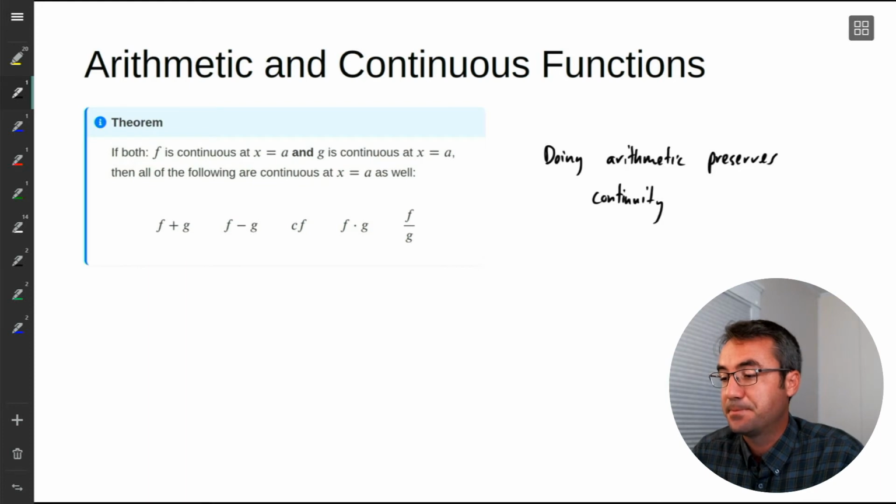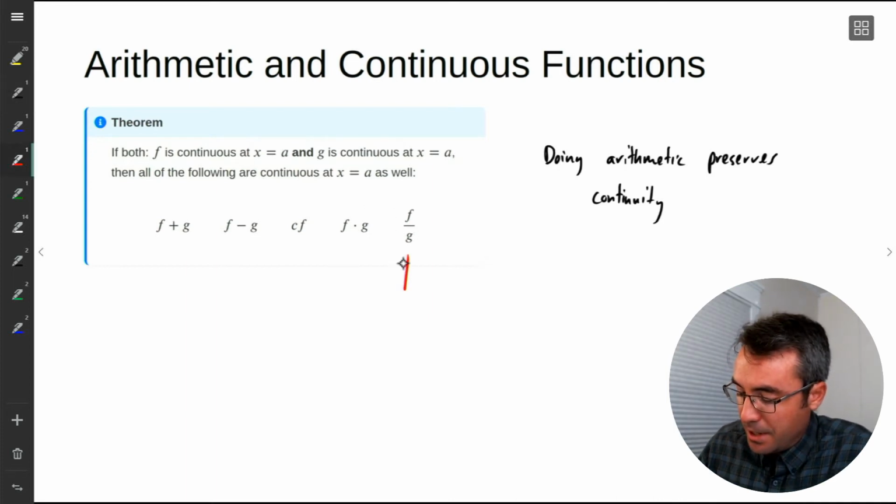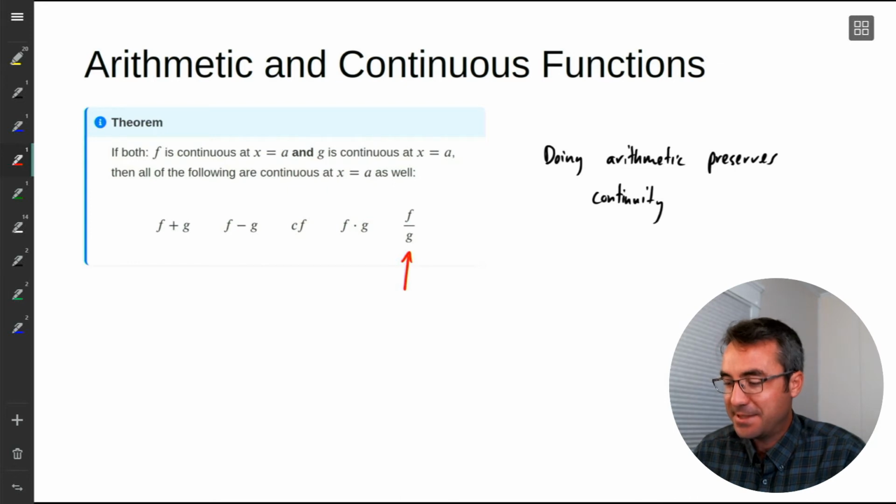So nice. Now, of course, there's one little condition here. Addition, there's no issue. We can add two functions all day. Subtraction, same thing. Constant multiplication, no problem. Multiplication, again, no problem there. It's this division. There is one little extra thing to keep in mind, and that's if we divide one function by another, we can't be dividing by 0.